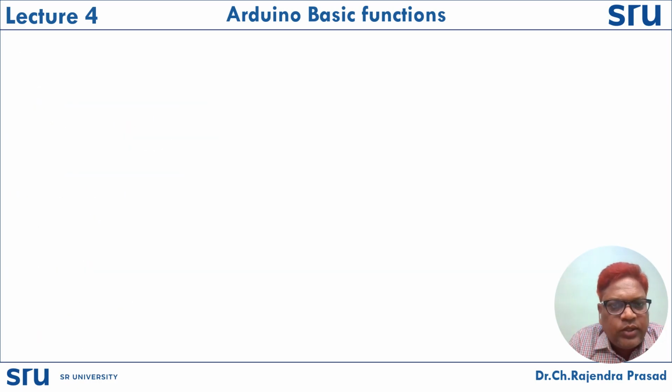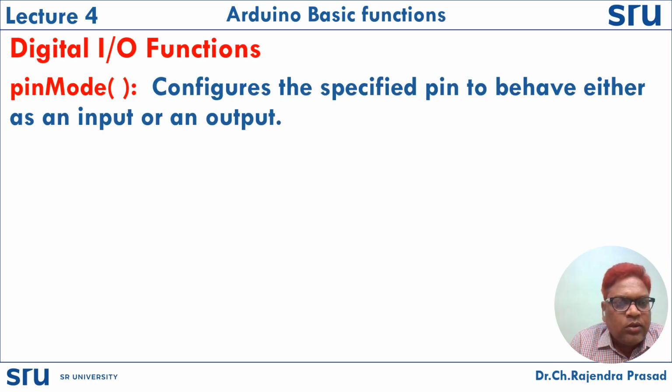Now let us start with digital I/O functions. Already in lecture 2, I discussed the digital pins available on the Arduino UNO. There are 14 digital I/O pins available on the Arduino UNO. And these 14 pins may act as either inputs or outputs based on the device you are connecting to the corresponding pin.